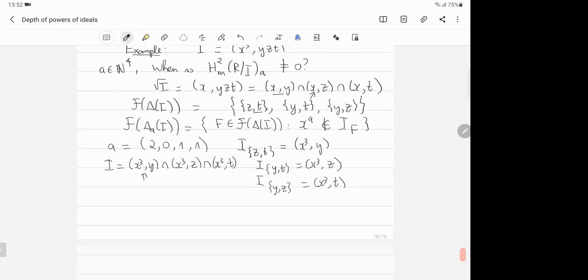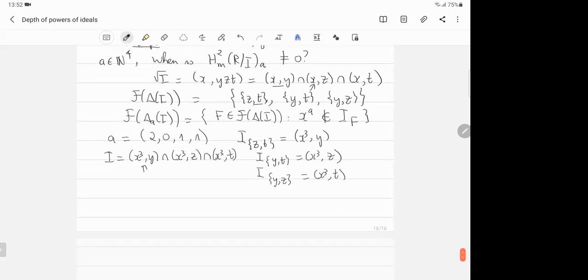So given a vector like this, you can easily compute. For example, X to the A in this case is X squared ZT.